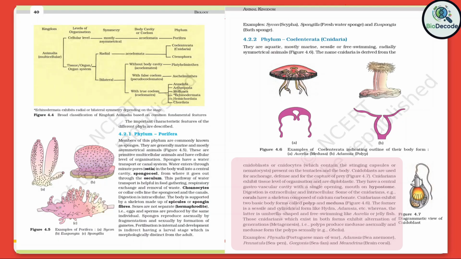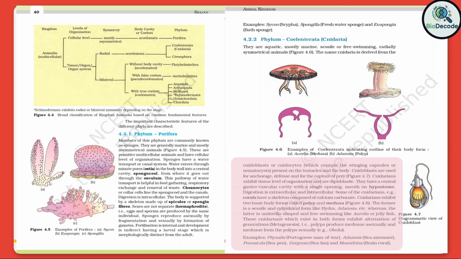Some of the cnidarians, for example corals, have a skeleton composed of calcium carbonate. Cnidarians exhibit two basic body forms called polyp and medusa. The former is a sessile and cylindrical form like Hydra, Adamsia, and so on, whereas the latter is umbrella-shaped and free-swimming like Aurelia or jellyfish. Those cnidarians which exist in both forms exhibit alternation of generations, metagenesis.